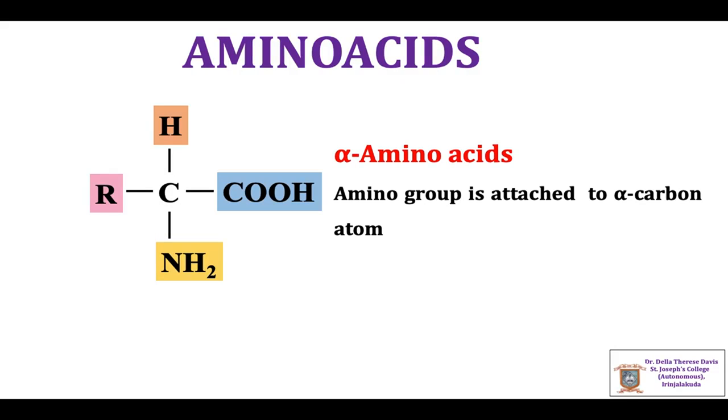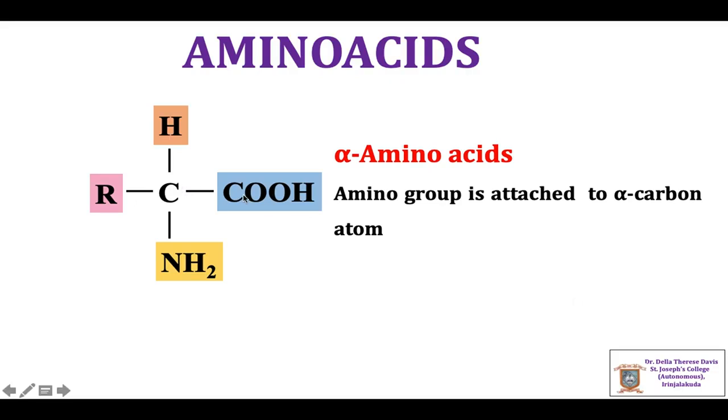The structure of an amino acid is represented here. Proteins are polymers of alpha amino acids. In alpha amino acids, the amine group is attached to alpha carbon. That is, this is the alpha carbon.